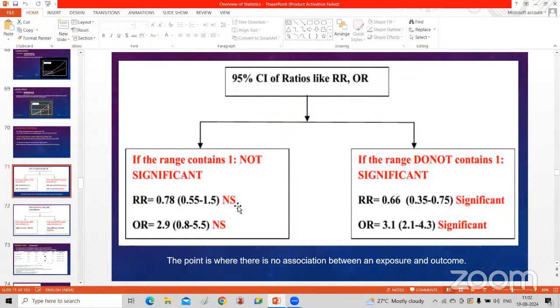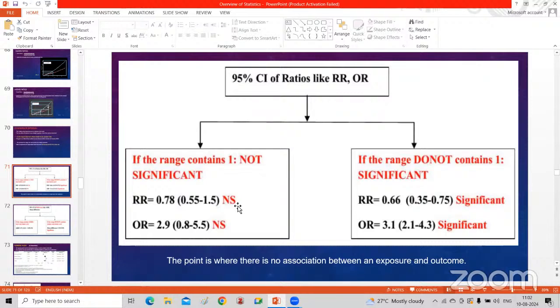But for a single individual, whether we can apply the same result, whether we can use 0.78, is the question.